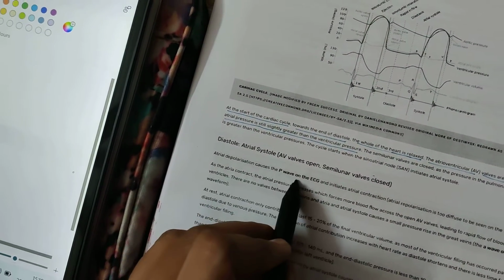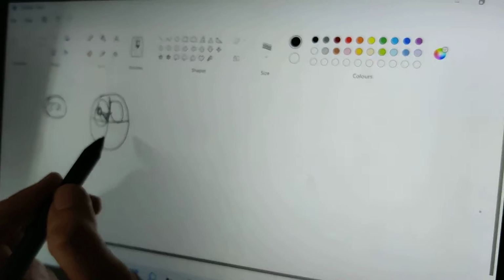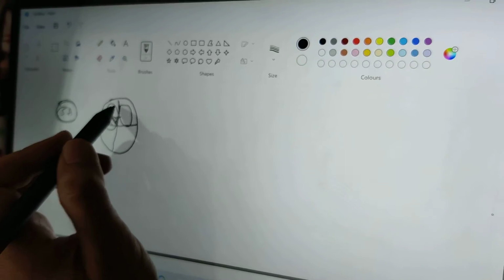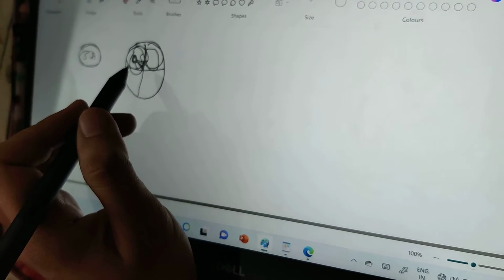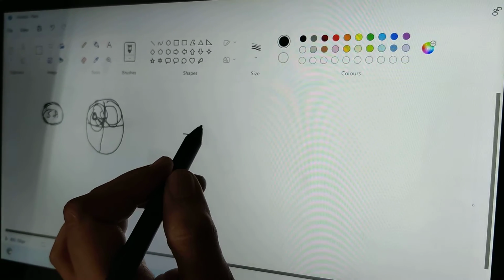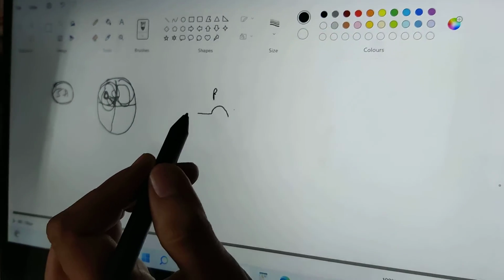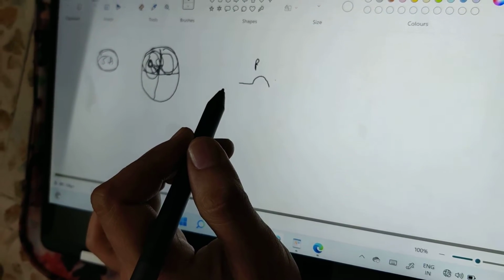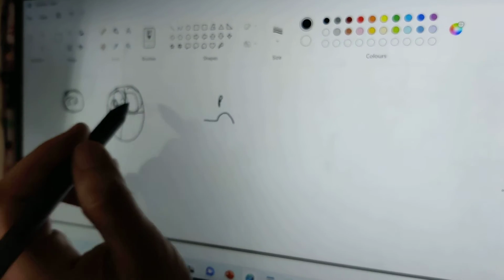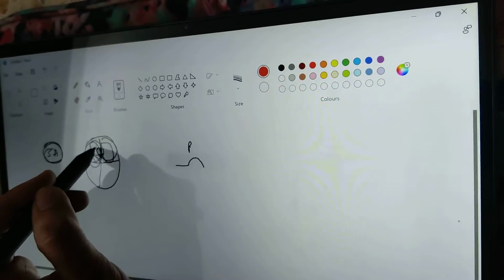Atrial depolarization causes the P wave on the ECG, which occurs during atrial systole, and initiates atrial contraction.